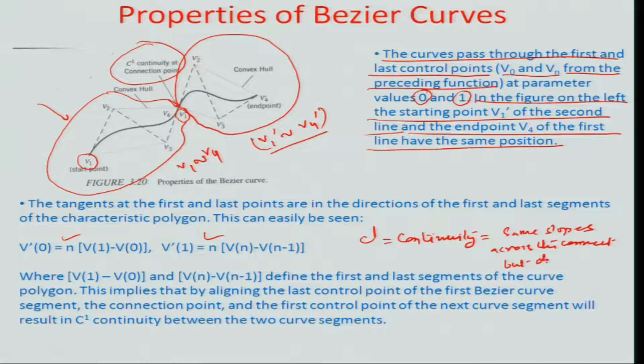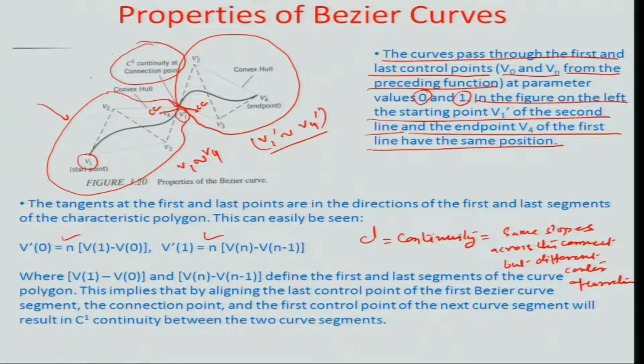So, but different center of curvature. You can see, for example, here the center of curvature of this end of the curve is somewhere here, and that on the other end is probably somewhere here. Okay, so the centers of curvature are different.